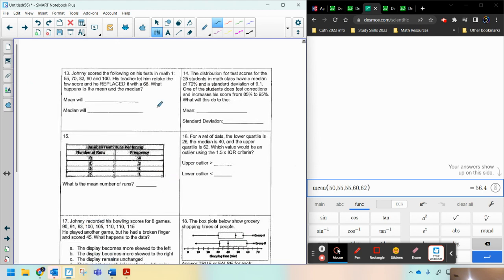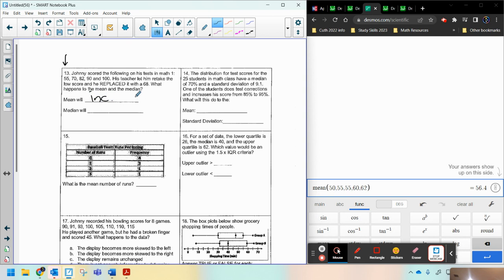13. Johnny scored the following on his tests. He got these scores. His teacher let him retake the test, and the low score, that 55, was thrown out and replaced with a 68. So, what do you think is going to happen to the mean? It's going to increase.